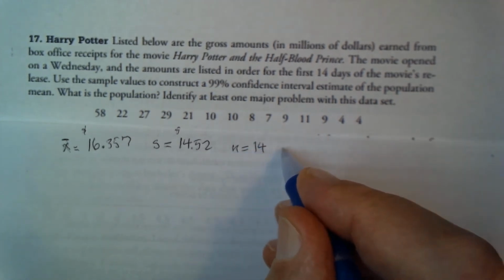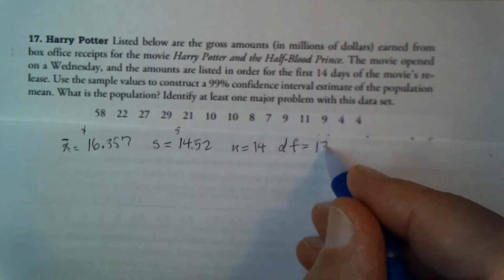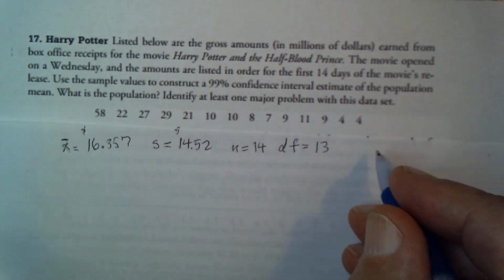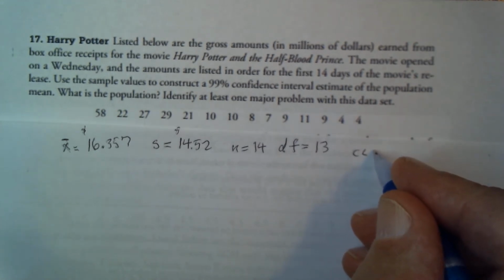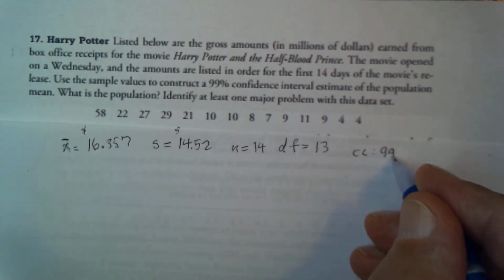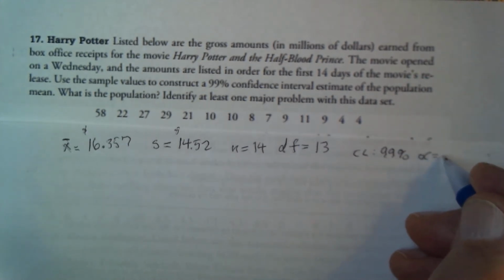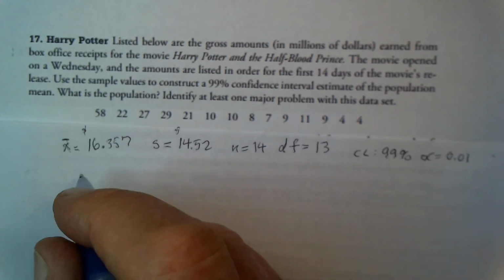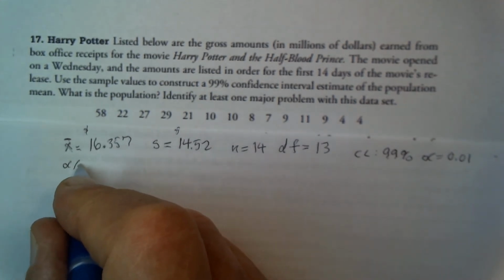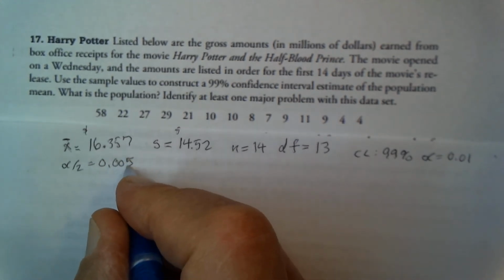Now we have 14 samples, so n equals 14. That means our degree of freedom is equal to 13, and the confidence level is 99%. So alpha is equal to 0.01 or 1%, and alpha divided by 2 is equal to 0.005.